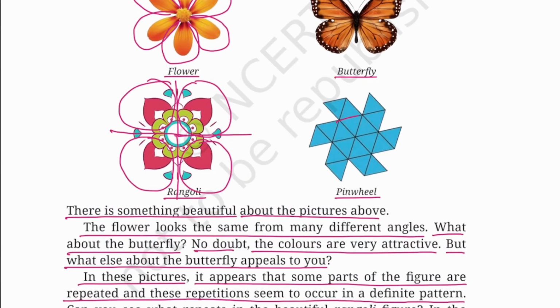You can see a hexagon in the center. Structures on the hexagon are repeating itself. In a hexagon, each side subtends 60 degrees at the center.